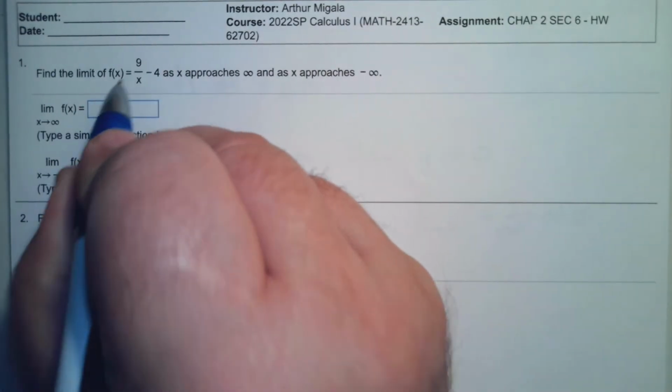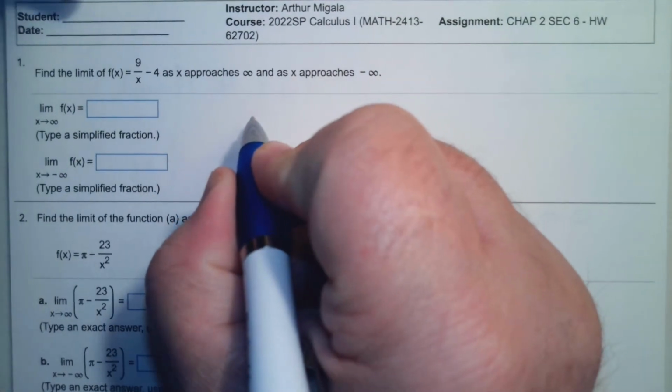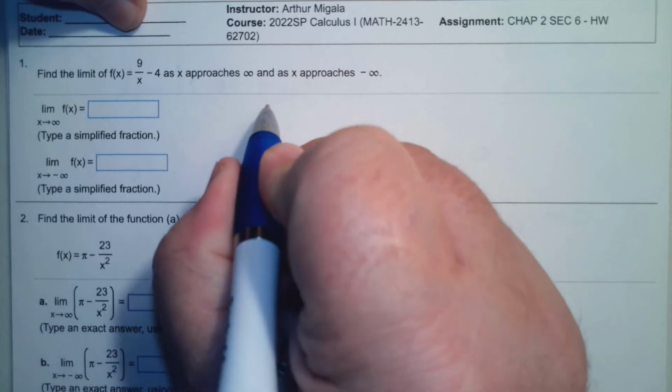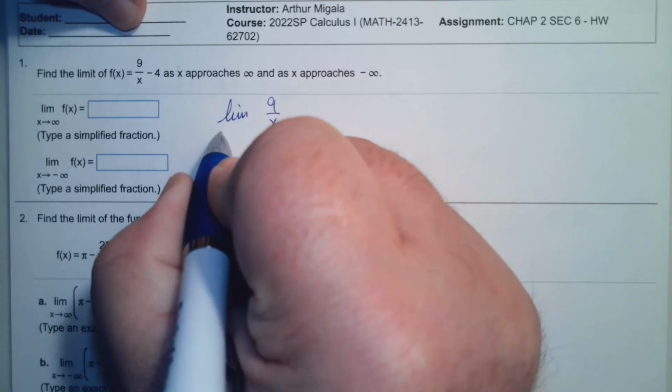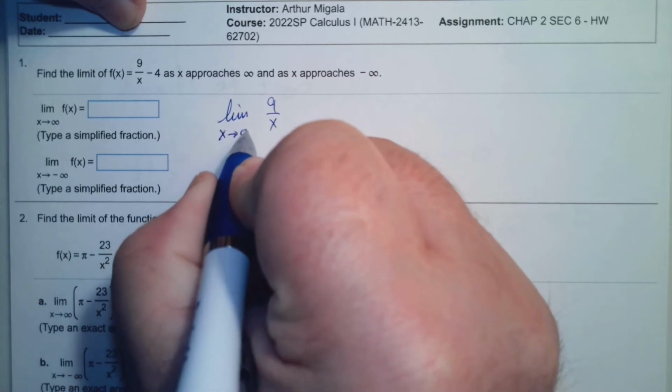We're going to find the limit of this function. So the limit of 9 over x minus 4 as x approaches infinity.